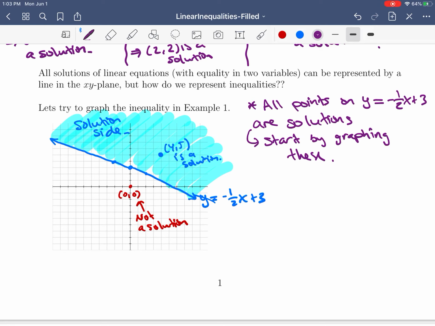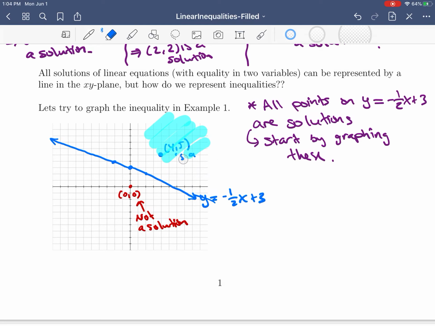Now that I've said that, in fact, I'm going to change this, sorry. So for our purposes, it is actually better to shade the opposite side. Okay, so I think the point 4, 5 is a solution.